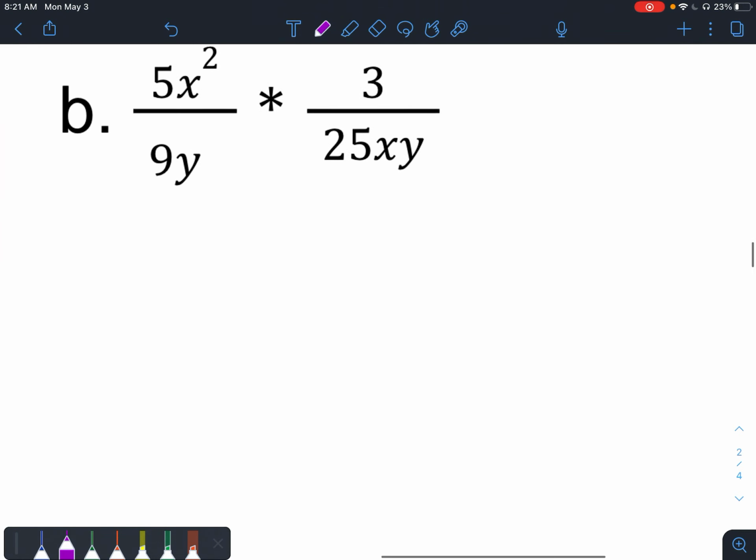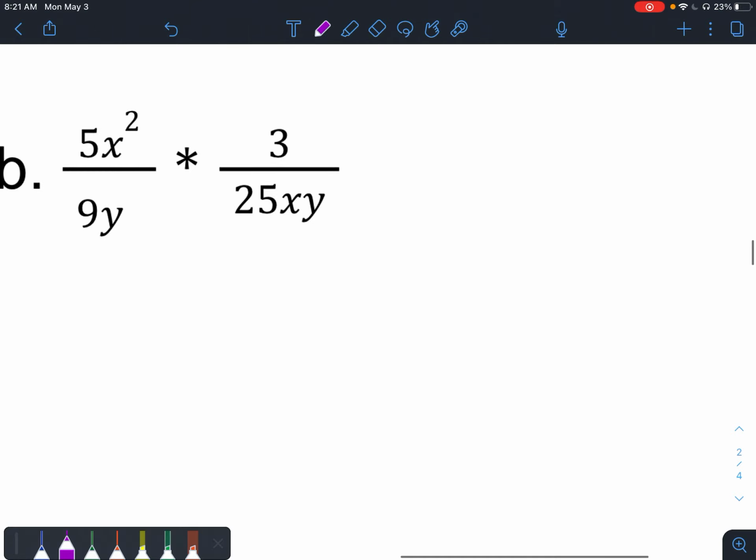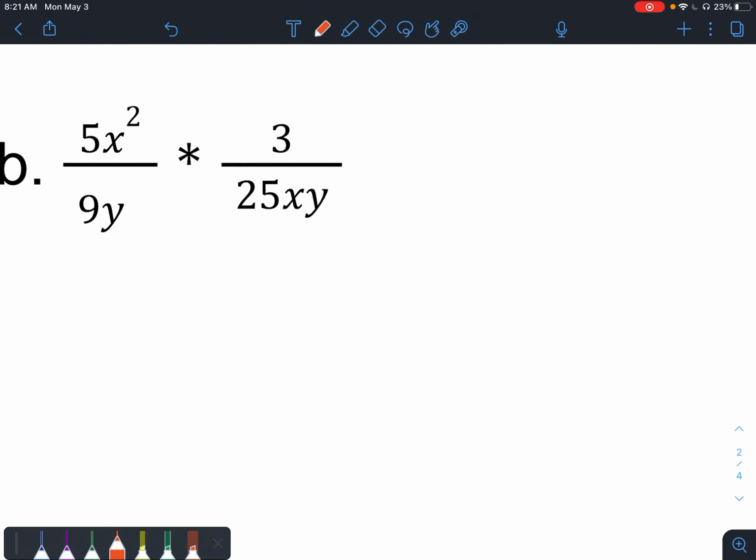Okay, let's look at this next one here. So I want to cancel our common factors. So 5 and 25, I'm left with 5 in the denominator. This x cancels with this x. These y's can't cancel because they're both in the denominator, but this 9 and this 3 can cancel.